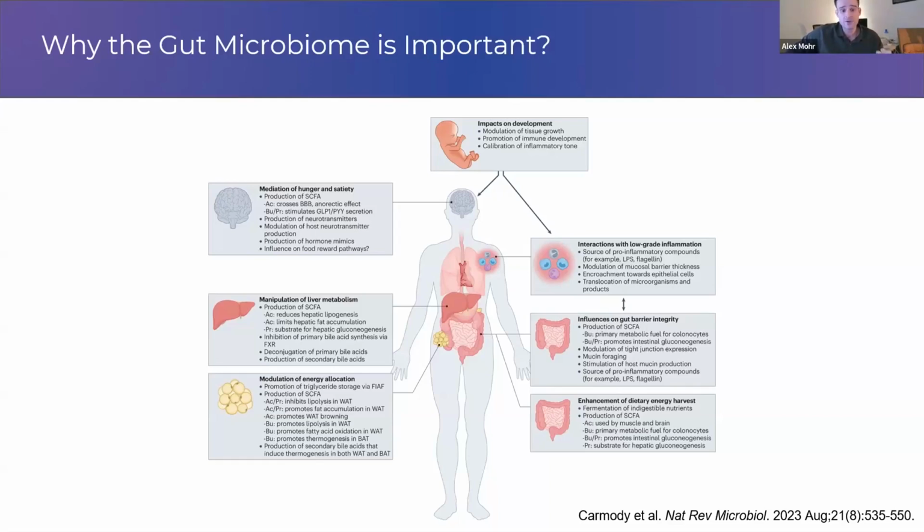It can affect our adipose tissue, particularly when we talk about meta-inflamed states. Just how vast these interactions are, it's really a frontier right now in science, and we're uncovering all different types of axes, even some of the research that I've done looking at the microbiome in its application for athletic performance.